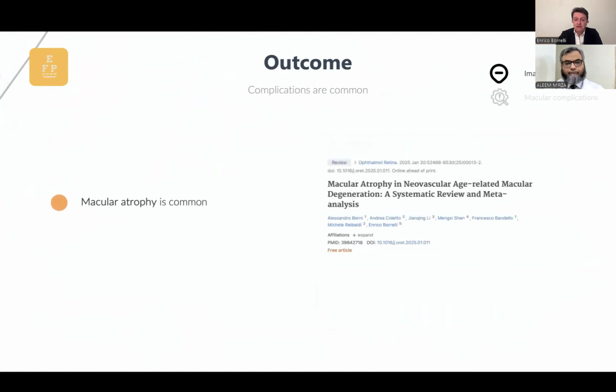And another important aspect to highlight in the type 3 macular neovascularization setting is that these patients commonly develop macular atrophy. Macular atrophy is a terrible complication in patients with neovascular AMD, affecting visual acuity, and type 3 macular neovascularization is the main risk factor.